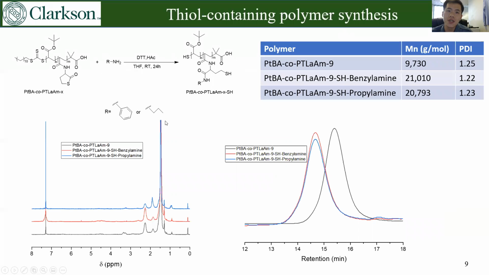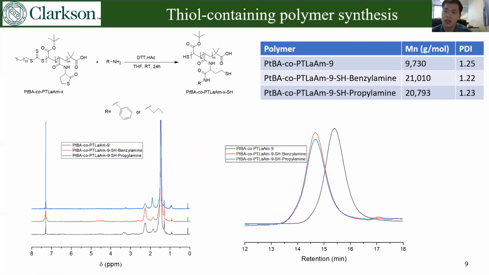So now, once we get the thiolactone-containing polymers, the most important thing is we react them with primary amine and reopen that ring to achieve the polythiol. This reaction is done in the presence of some reducing agent. Here I use DTT. Basically, once the thiol has been formed, it's very easy for it to oxidize and form the disulfide bond.